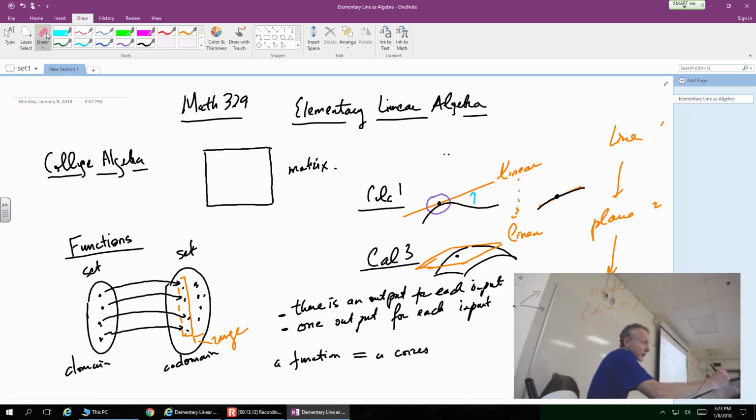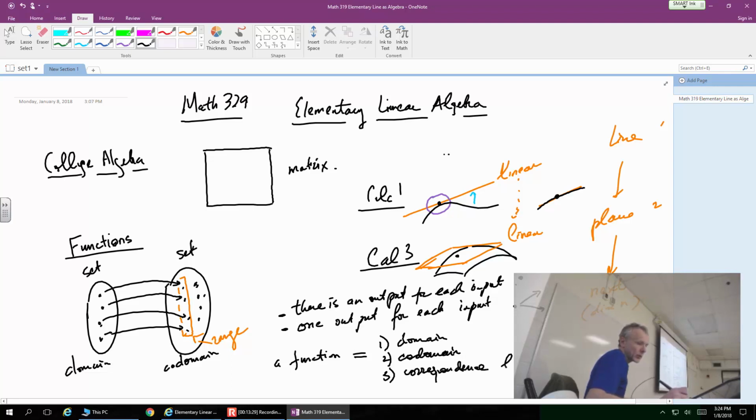In chronological order, it is domain, codomain, and the correspondence from the former to the latter.